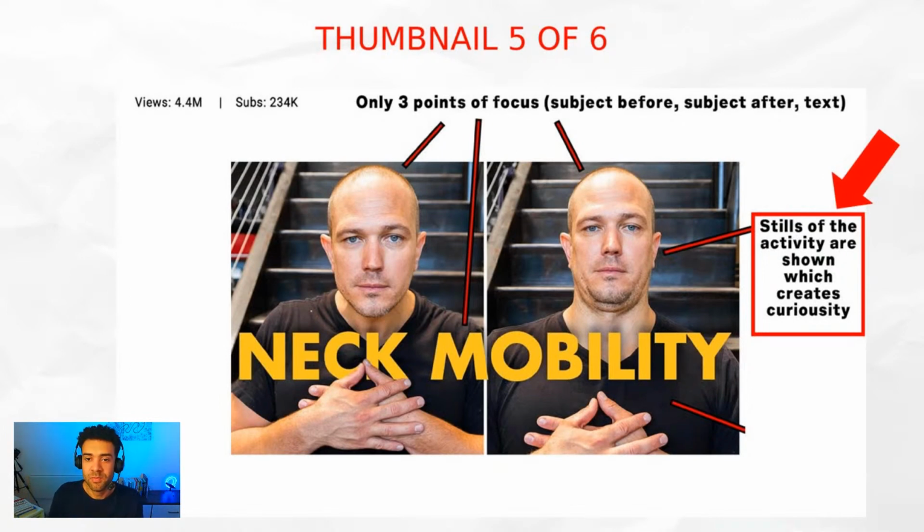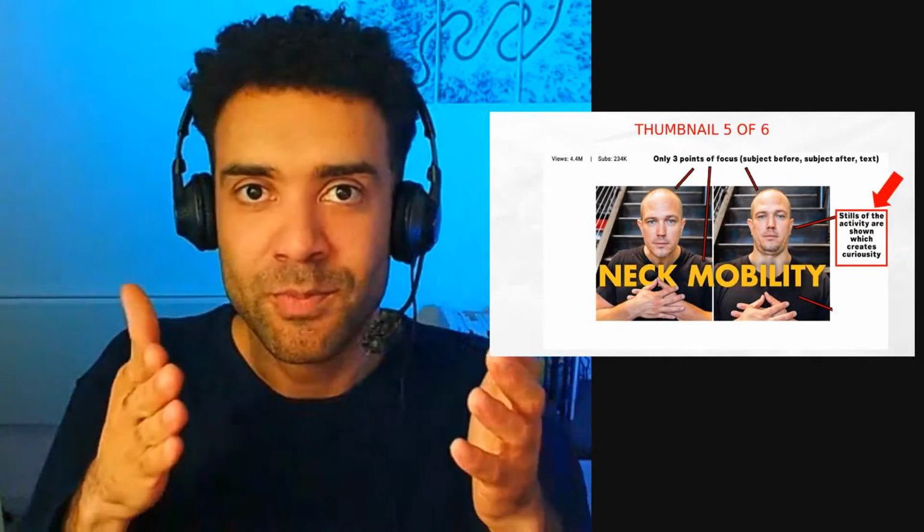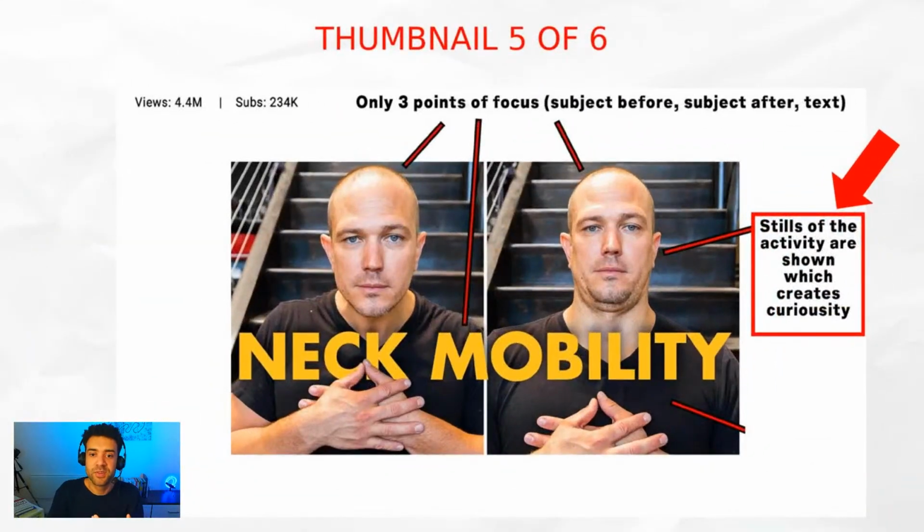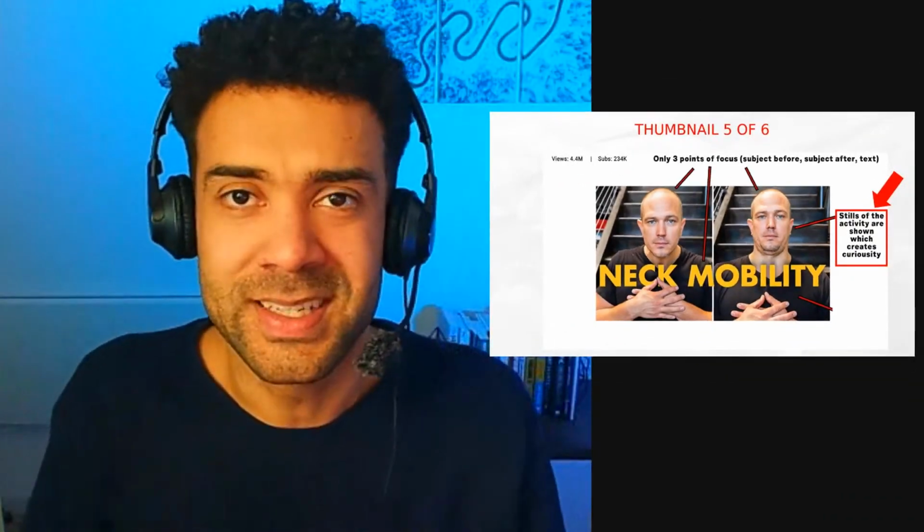Cool. This thumbnail also used still images of an activity being completed. And these still images are kind of like a little preview, a glimpse into the video. You can see the movements that the YouTuber is going to be doing in the video, and it makes you want to click into the video to get a full understanding of what they're doing.